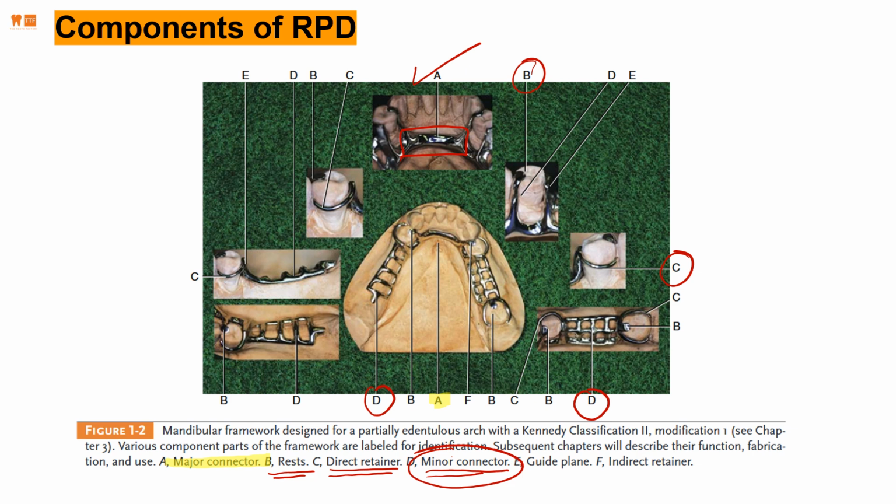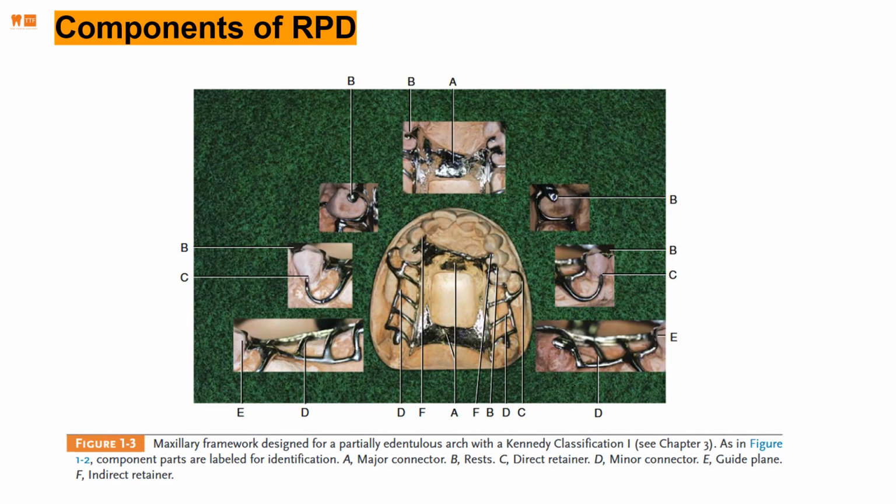So for example, the A, which is a major connector, gives rise to another vertical component, and keep that in mind, vertical. We're going to use that again later on. That connects the major connector vertically to the rest. Okay, so that's the function we're going to talk about today of the whole RPD, and this is of course the upper. That was the lower, this is the upper.